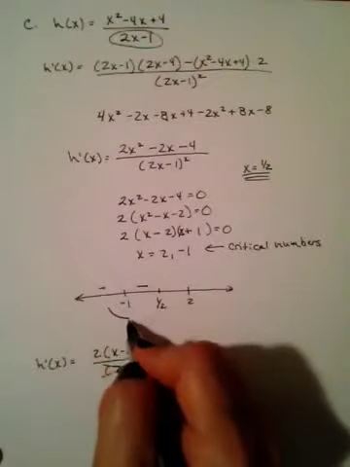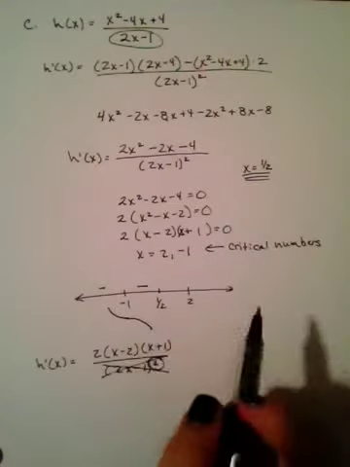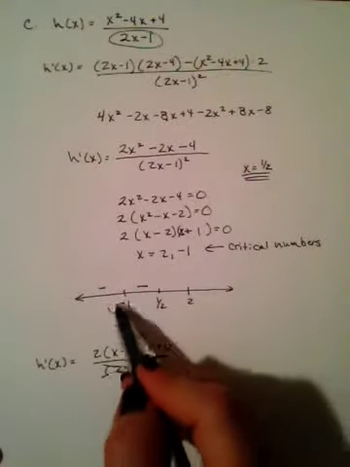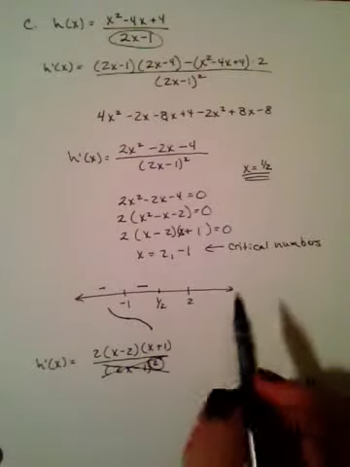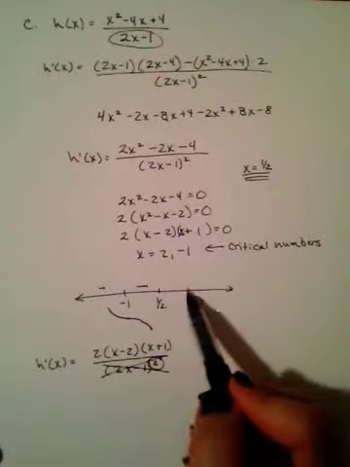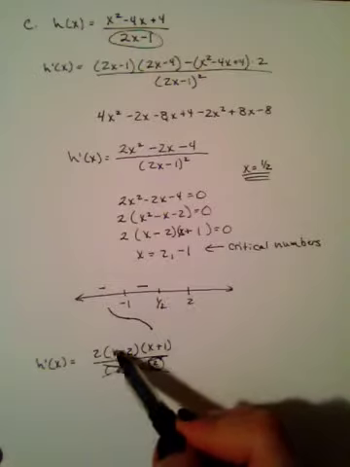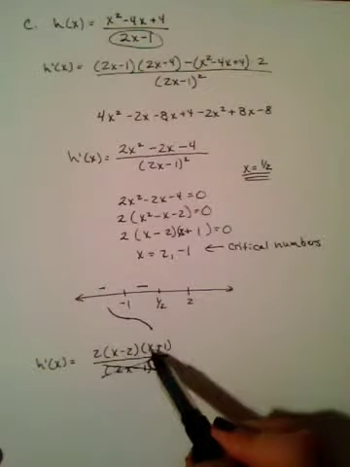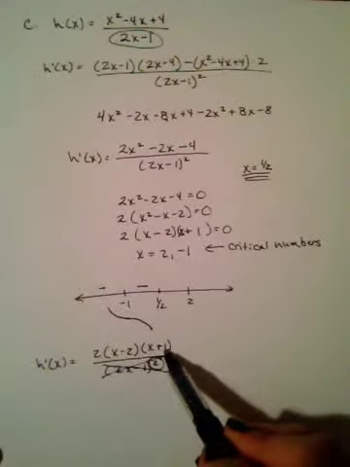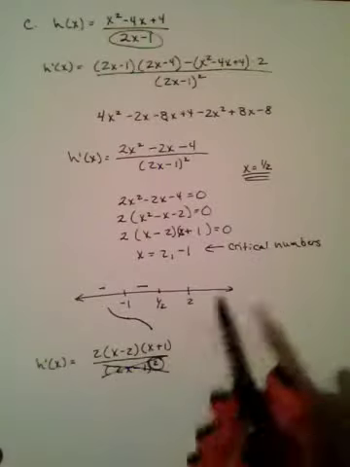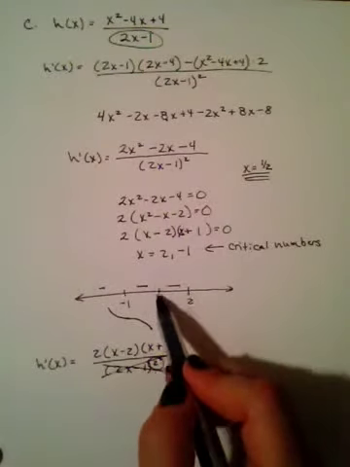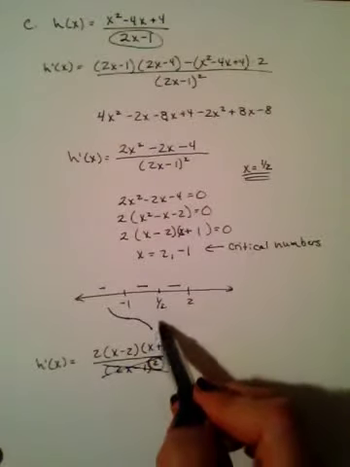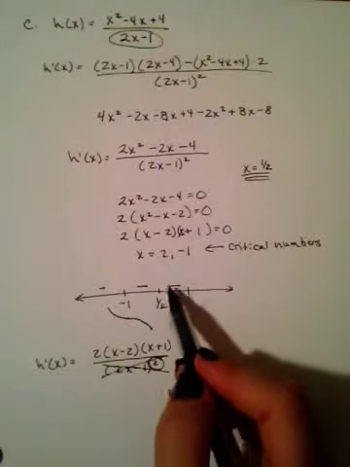So it keeps decreasing. So basically, I do not have a min or a max at x equals negative 1. If I pick a number in this interval like 1, 1 minus 2 is a negative. 1 plus 1 is a positive. A negative times a positive is negative. So I have an asymptote at 1/2, something decreasing on one side, and it'll be decreasing after. You can imagine it coming in from the asymptote.